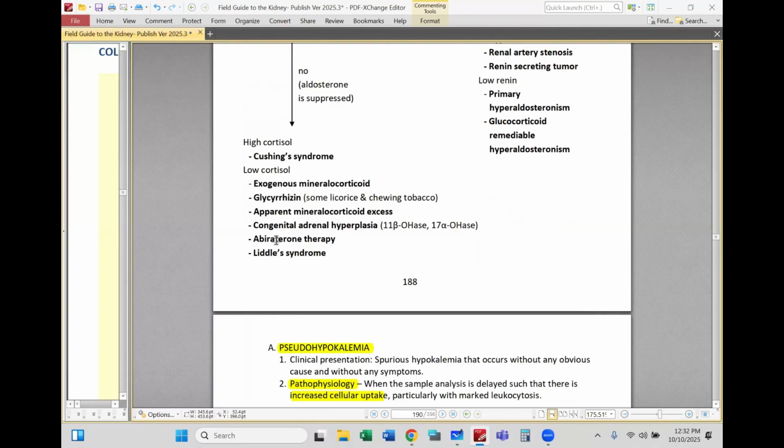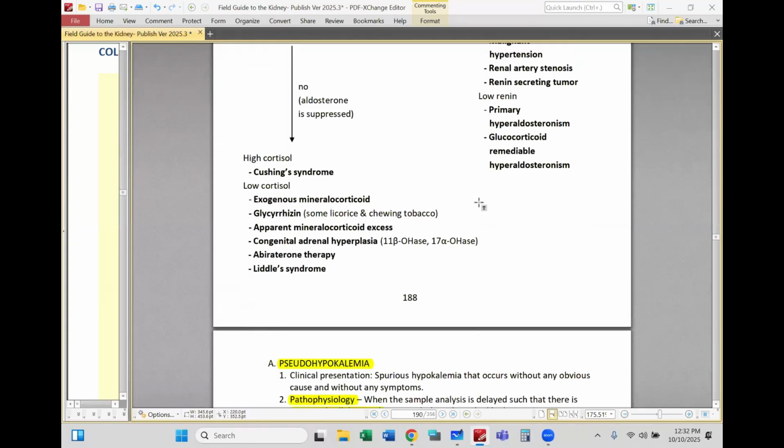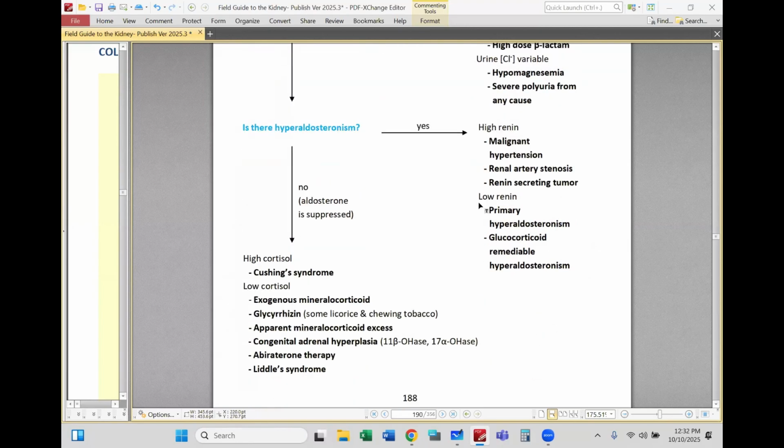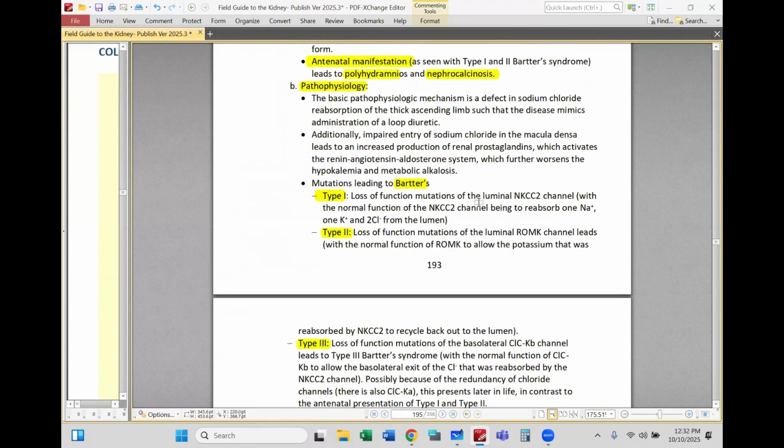We've gone over that as a cause of secondary hypertension. It is a drug that inhibits 17 hydroxylase enzymes, so it mimics a 17 alpha hydroxylase deficiency. I think the rest here we've covered. Okay. All right.